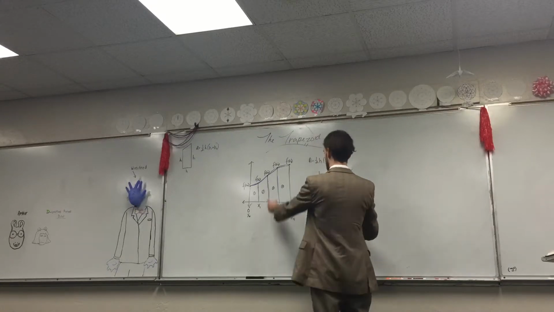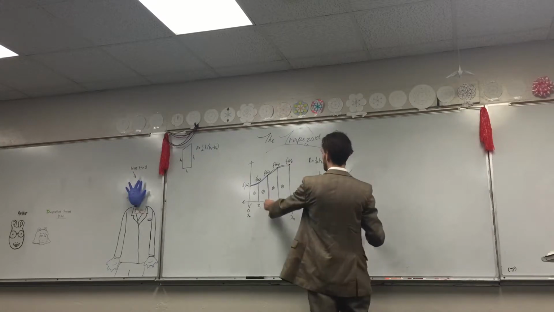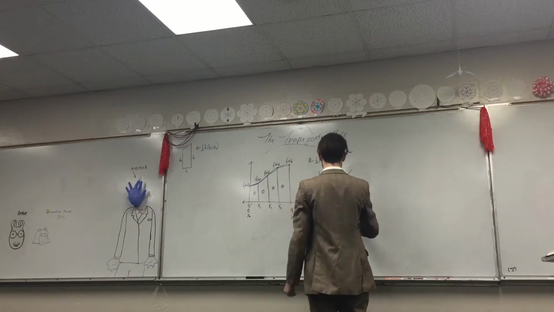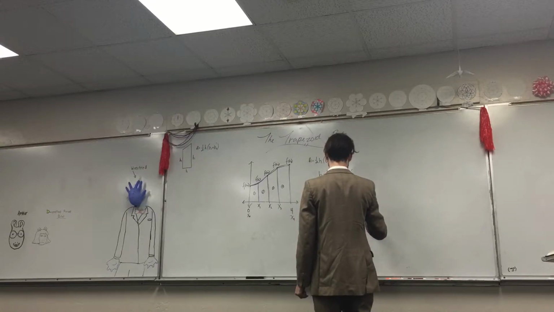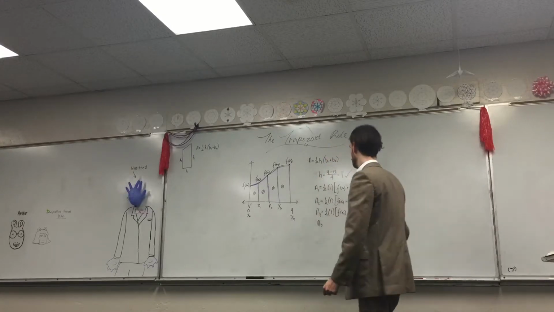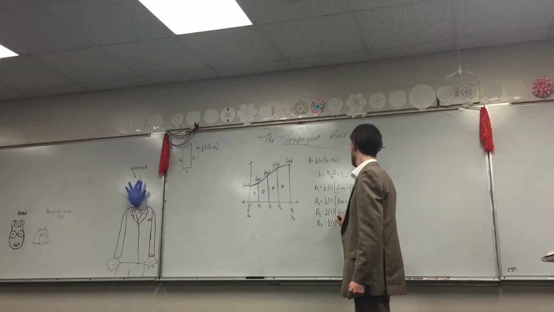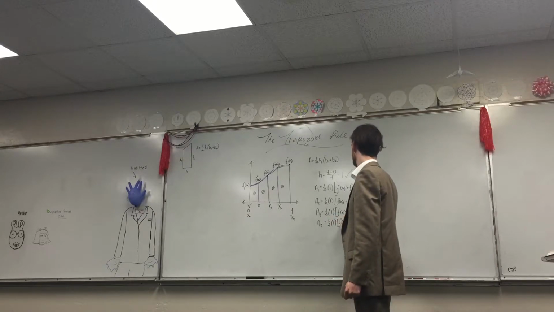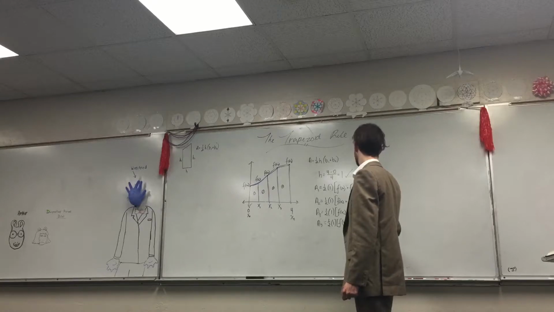The next one, the third, is going to be 1/2 times 1 times f of x2 plus f of x3. And the last one is going to be 1/2 times 1 times f of x3 plus f of x4. Good.